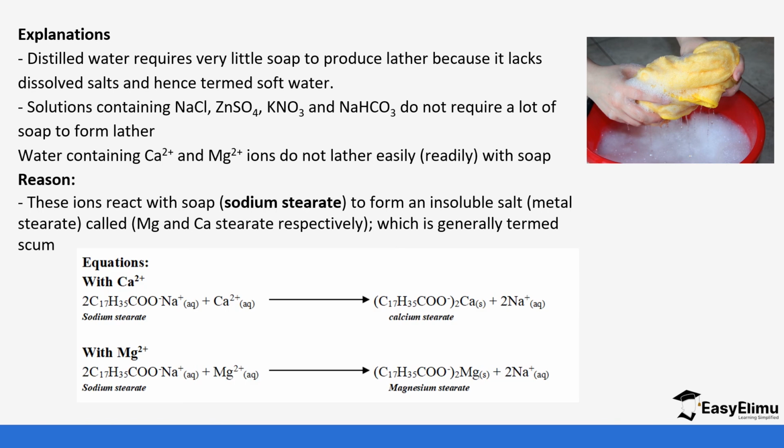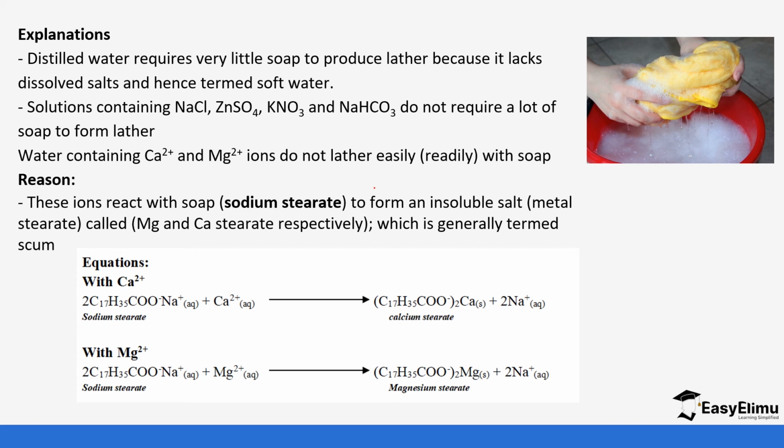If you look at the equation, you see how scum forms. Water that contains calcium ions and magnesium ions doesn't lather because it forms an insoluble salt with the soap. Instead of just interacting with the soap well, the calcium ions and the magnesium ions react with the soap, and then they form a scum, or an insoluble salt.